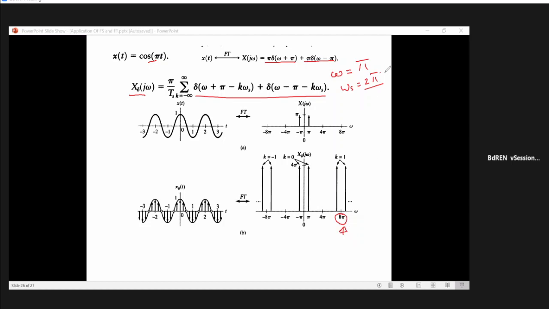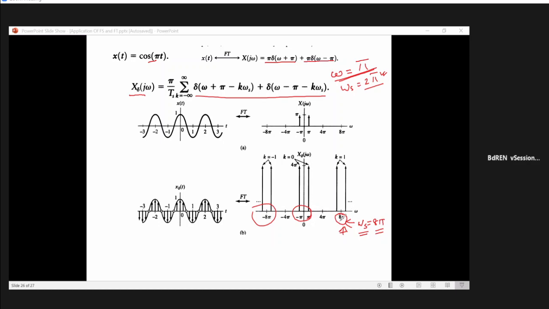These are the original spectrums of your signal, and they are shifted in either direction by this quantity omega s. Your omega s is equal to 8 pi, that means it is 8 times your signal frequency, isn't it? And they are well separated.